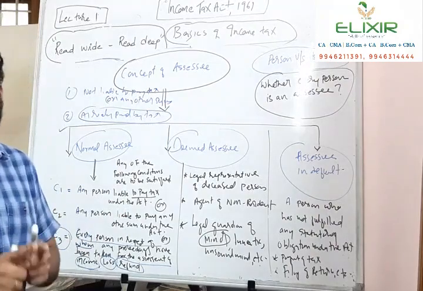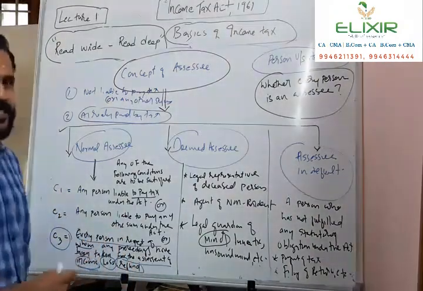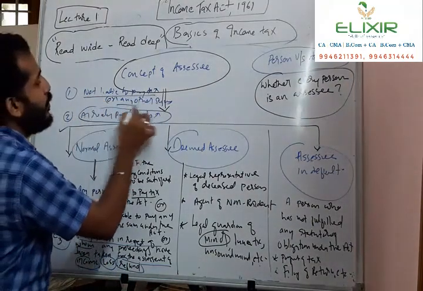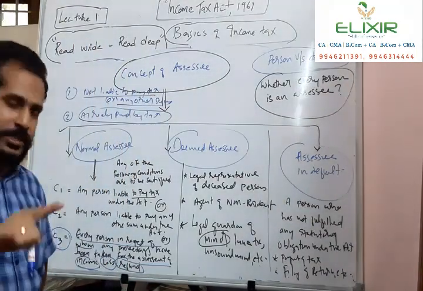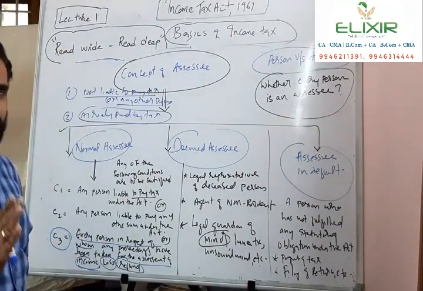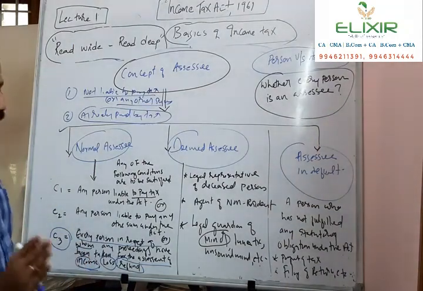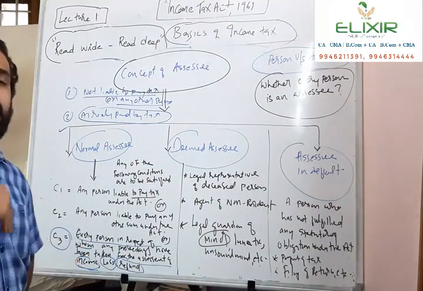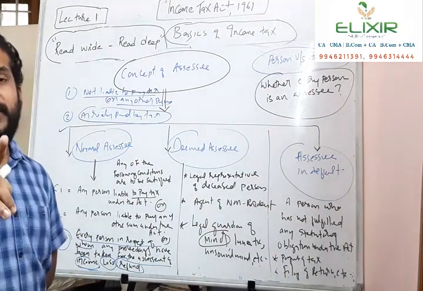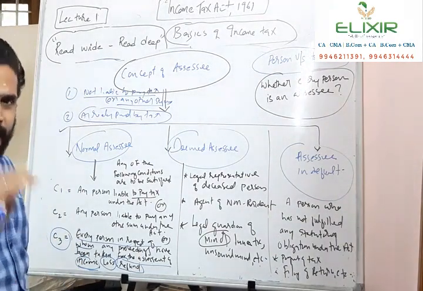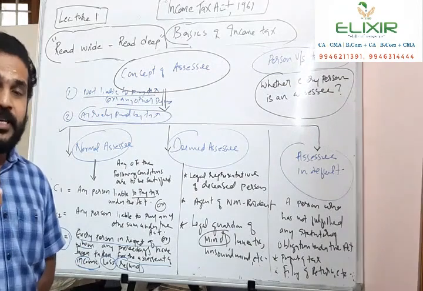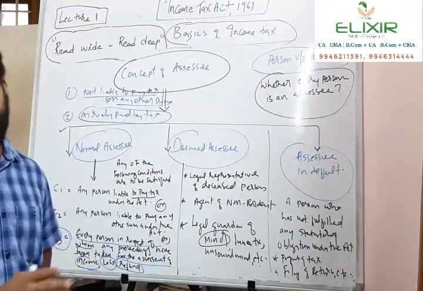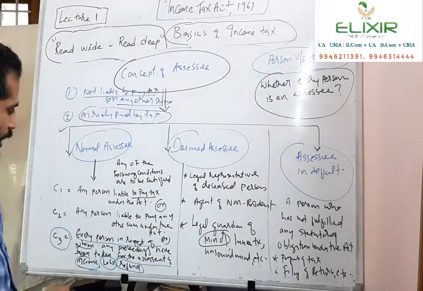If such assessment takes place, I can still be treated as assessee even though I am not liable to pay any tax or any other sum. That is the third point. So it is clear that even if a person is not liable to pay tax or any other sum, or has already paid tax, he can still be treated as an assessee if the department has initiated any proceedings for the assessment of his income, his loss, refund matters, etc.